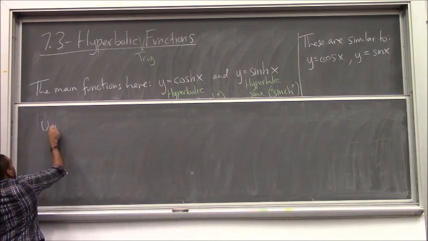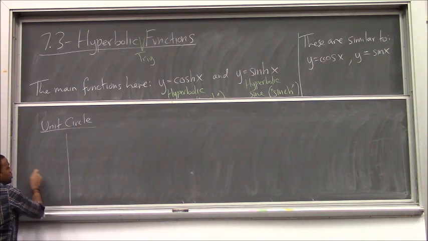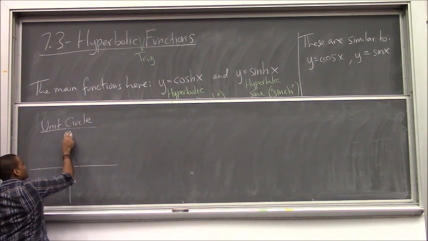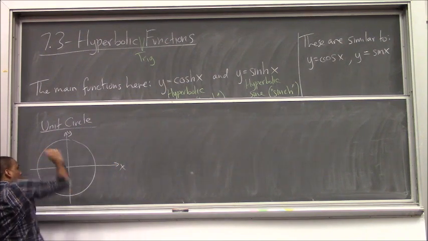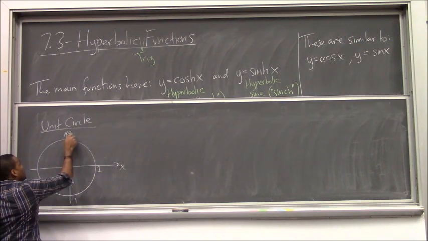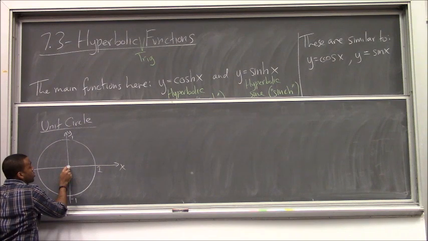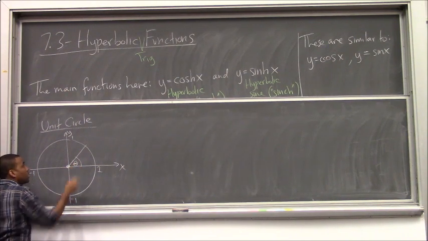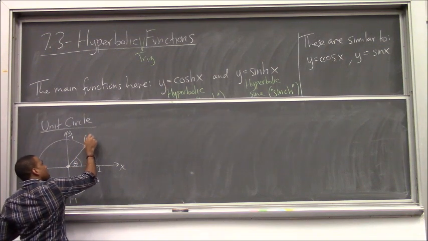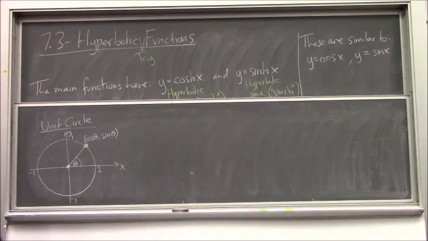So, there's the unit circle. Cosine and sine were just functions that we invented to describe points on the unit circle. So you have the unit circle. If you create an angle with the origin, where it starts measuring from the positive x-axis going up, like say an angle theta, the cosine is the function that will give you the x-coordinate, and the sine is the function that will give you the y-coordinate of the line extending from the origin.